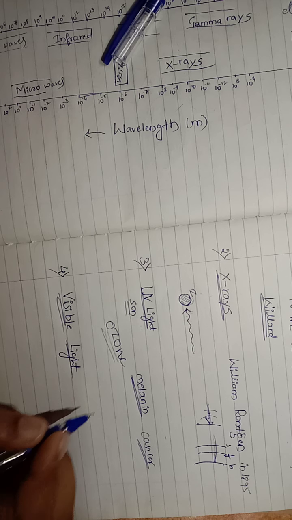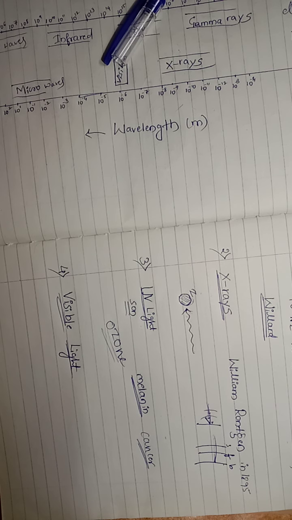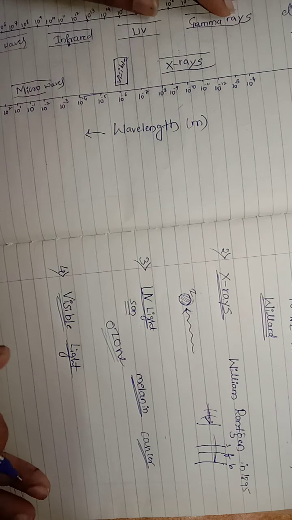So the light responsible for that process is nothing but visible light. Understood? It has a frequency of 4 into 10 raised to 14 hertz to 7 into 10 raised to 14 hertz, and the wavelength is 400 nanometer to 780 nanometer. You know this already.